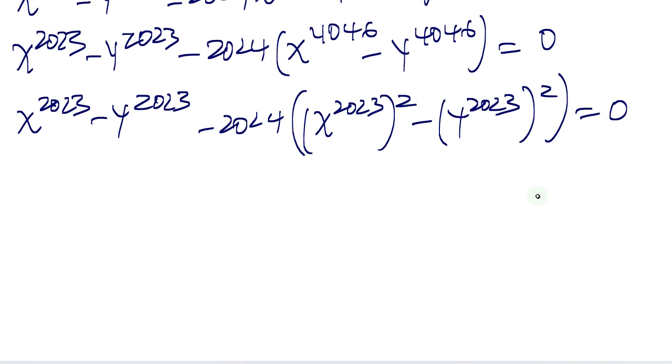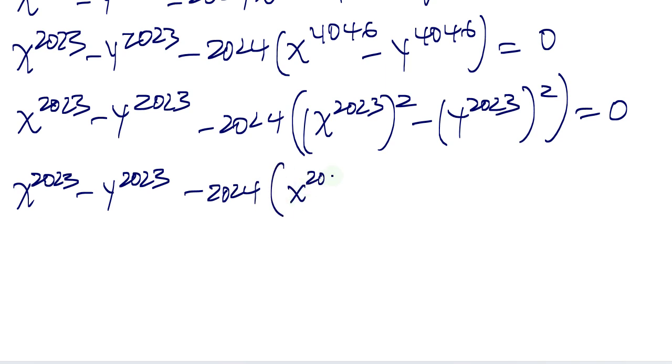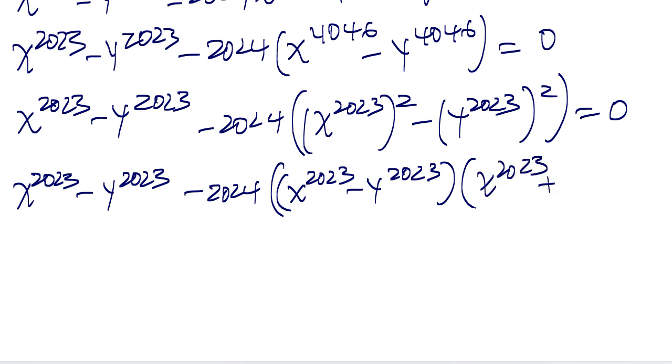So now we see that we have a difference of squares here, so we can write it differently. So this is x to the 2023 minus y to the 2023, minus 2024, which multiplies x to the 2023 minus y to the 2023, times x to the 2023 plus y to the 2023.